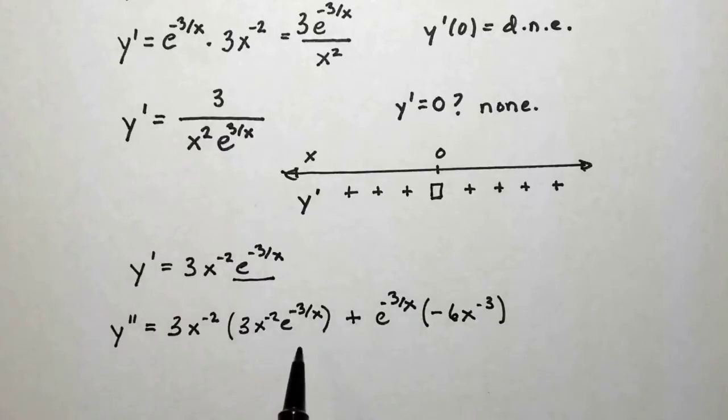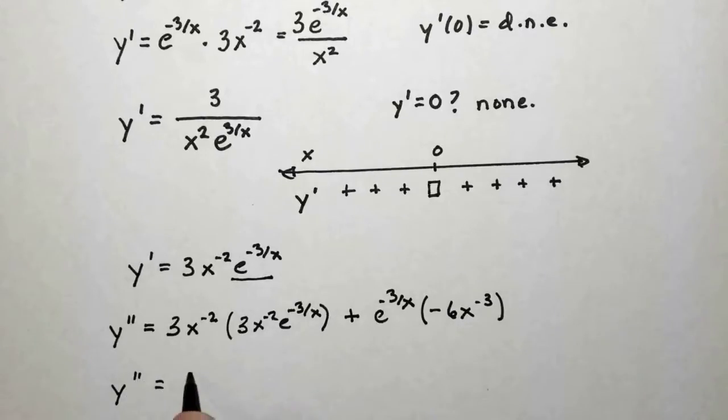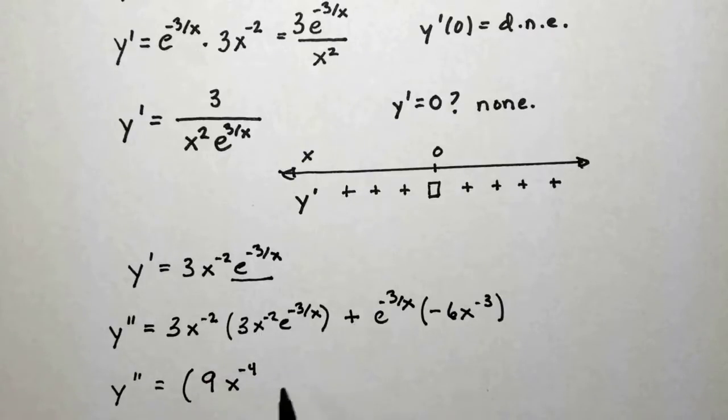So what I can do here is factor out an e to the negative 3 divided by x, and multiply this out. I'm going to get 9x to the negative 4, because I add exponents, minus 6x to the negative 3, all times e to the negative 3 divided by x.